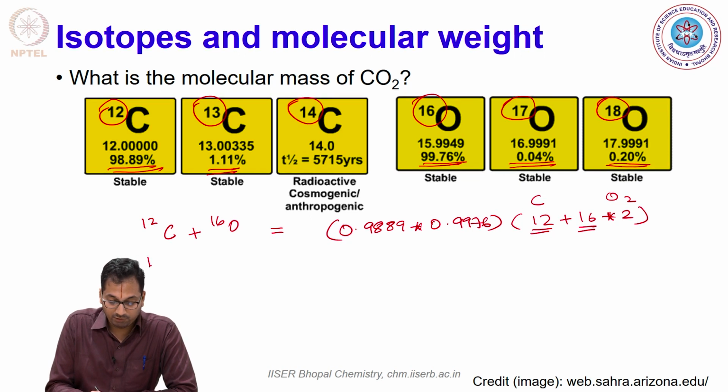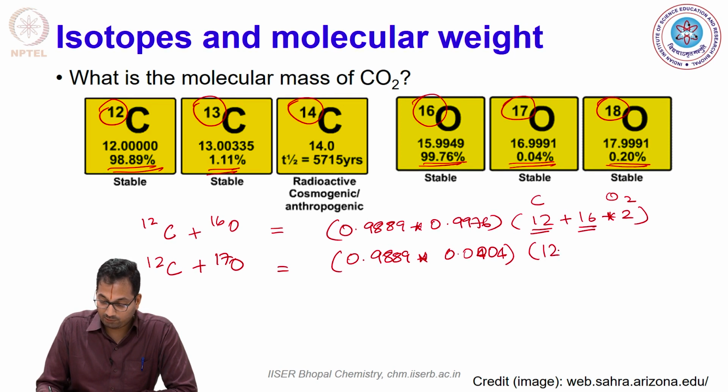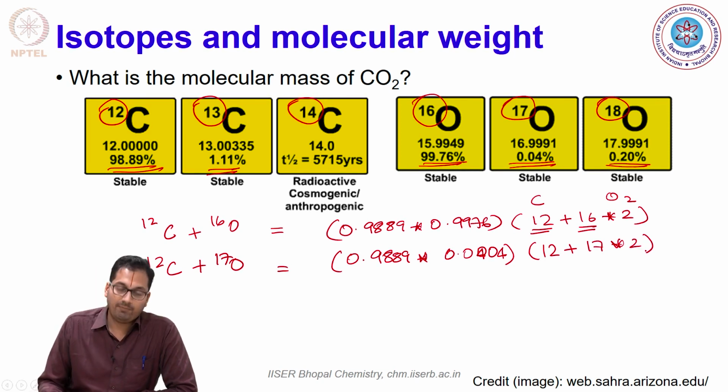On the other hand, if you are going to have 12C plus 17O, you are going to get something like 0.9889 times 0.04 times 12 plus 17 times 2. If you do the math, you are going to get something close to 44.01 grams per mole.